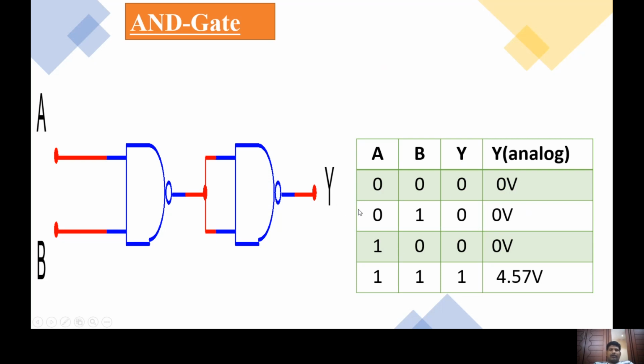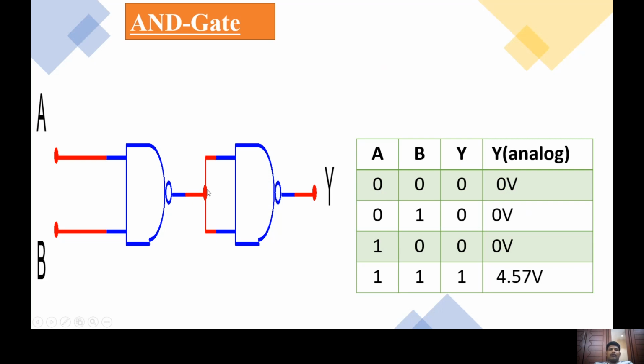Next, similarly, this is the truth table of the AND gate. For realization of the AND gate, how many NAND gates are required? Two NAND gates are required. Let us take the 0 0 case first. When both inputs are 0 and 0 for the NAND gate, the output is 1.